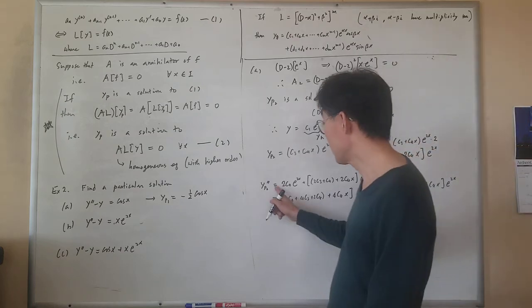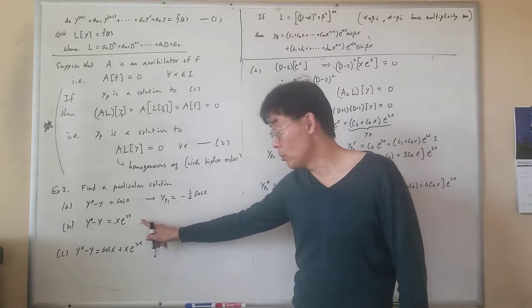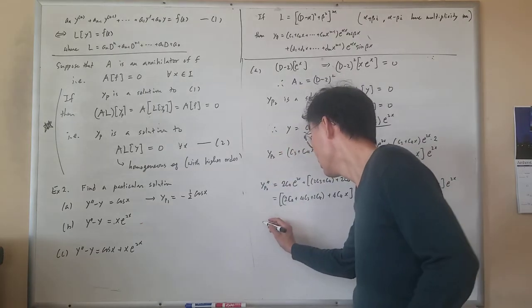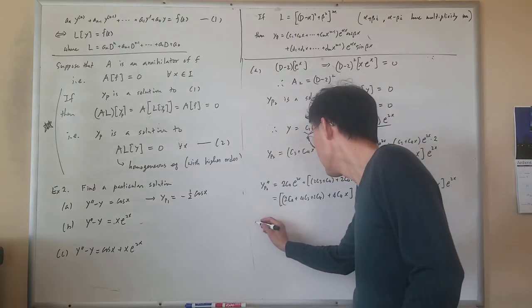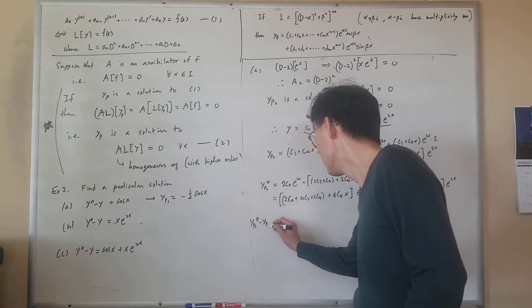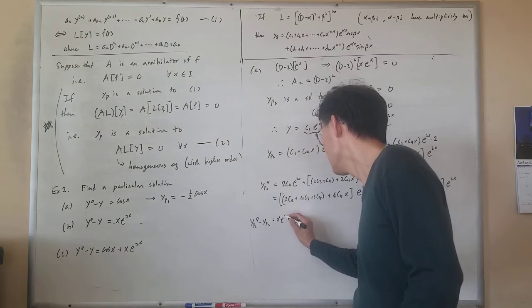Now we want to plug into this original non-homogeneous equation. So we want yp2 double prime minus yp2 equals x e to the 2x.